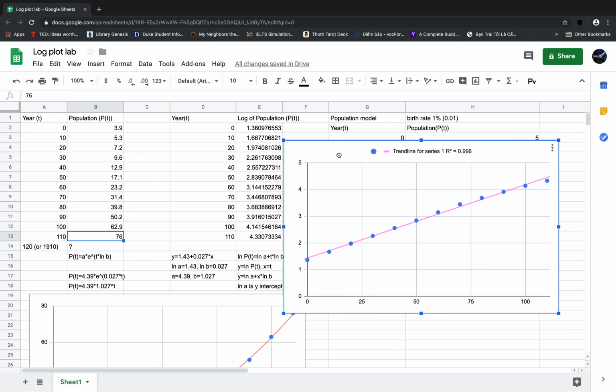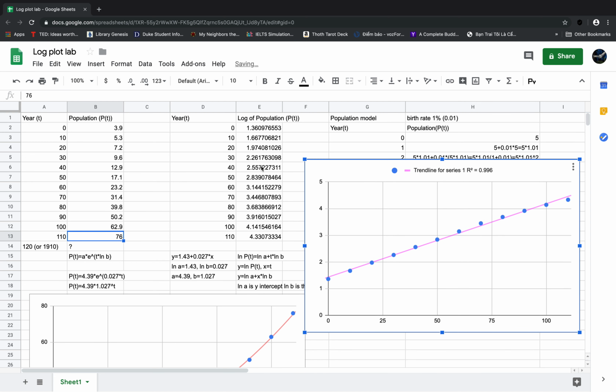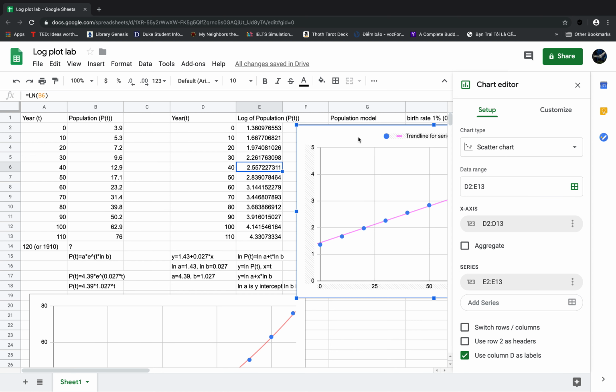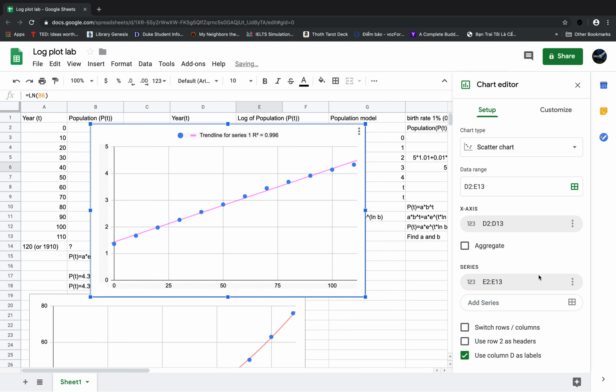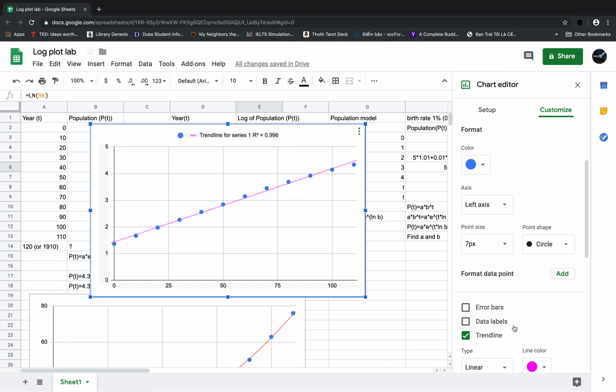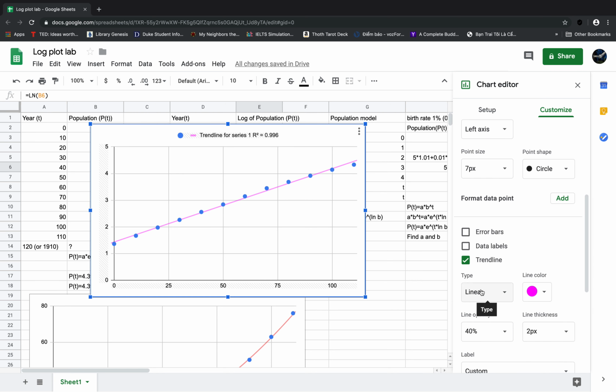So then we'll plot this data, we'll have this chart, and again we can find the trending line, which is linear, because we know that the equation is a linear one.